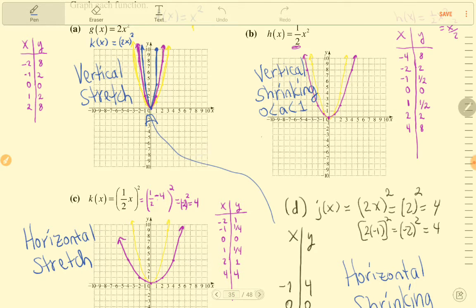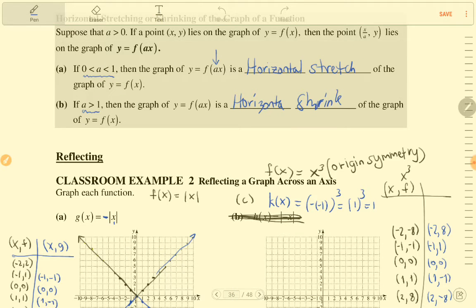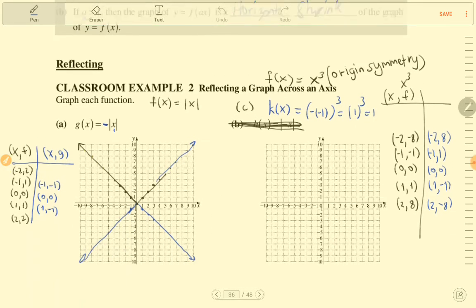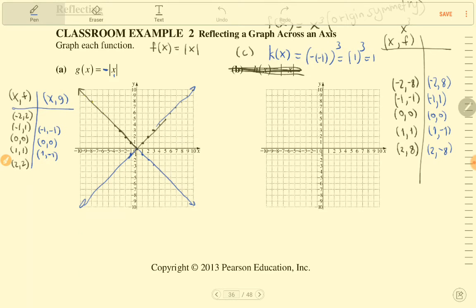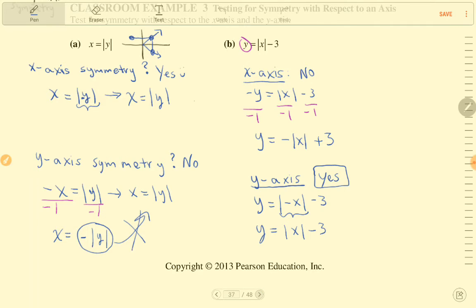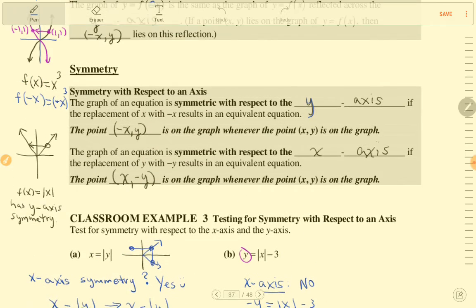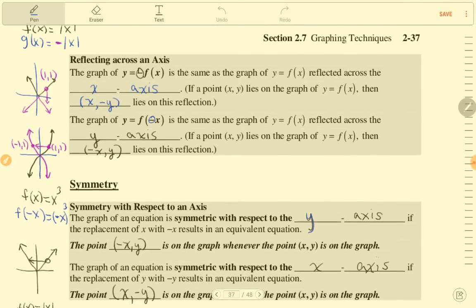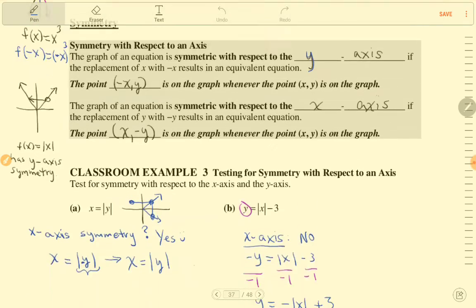And then after we talked about stretching and shrinking, we talked about reflections across an axis, and that brought us to discussing symmetry. Reflections and symmetry are related.